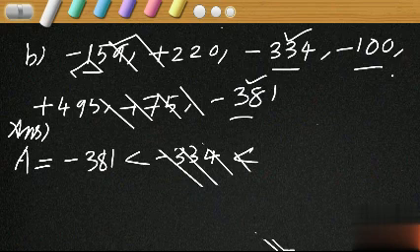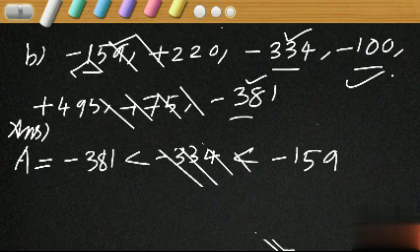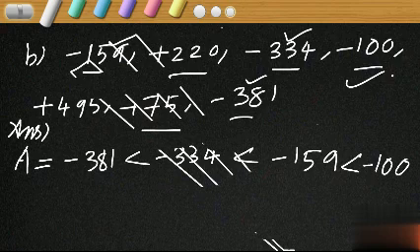Please try to understand. Next comes minus 159, then after that we have minus 100, less than minus 100. Then come our positive integers. Which are the positive integers here? 220 is there, 75 is there, 495 is there.